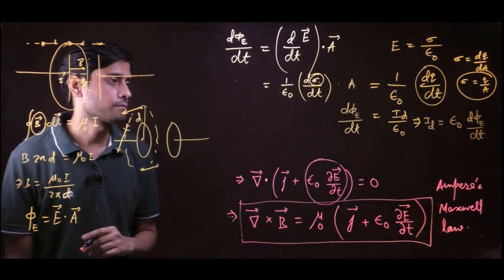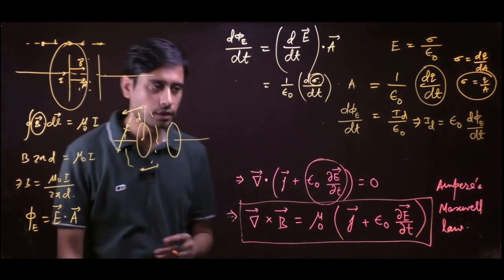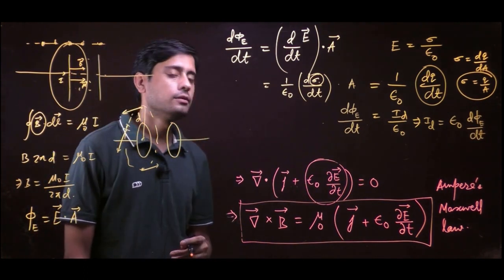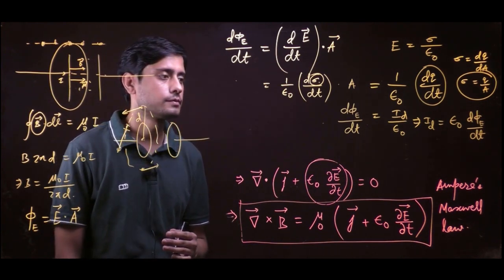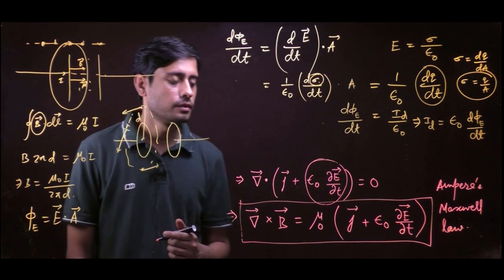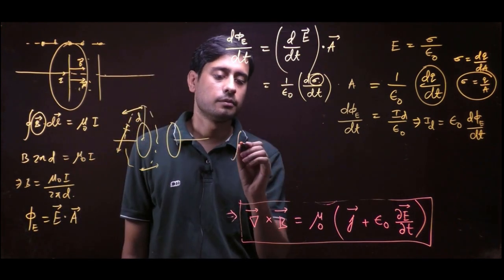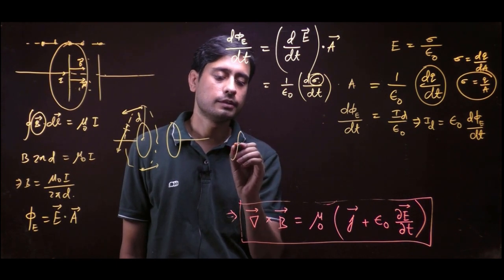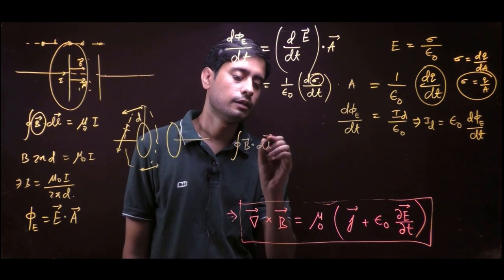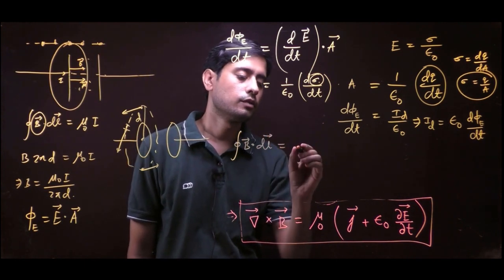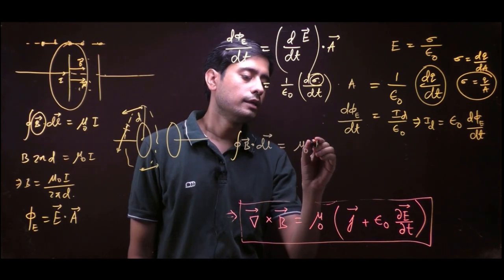Now you can write the modified Ampere's law. Initially we have Ampere's law as the line integral of B dot dl, the magnetic field, equal to mu naught times the I term.